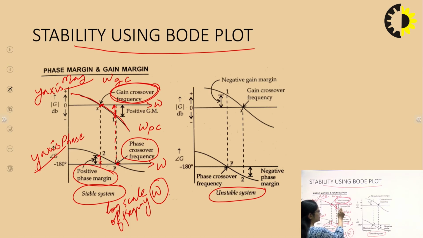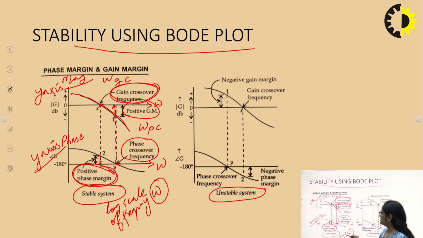If this lies below the 0 dB line, it is known as the positive gain margin, and this is the positive phase margin. For a system to be stable, it is necessary that the phase margin be positive and the gain margin be positive.